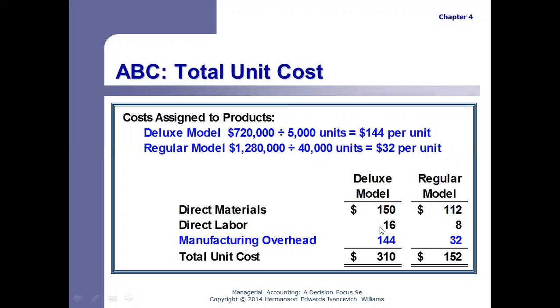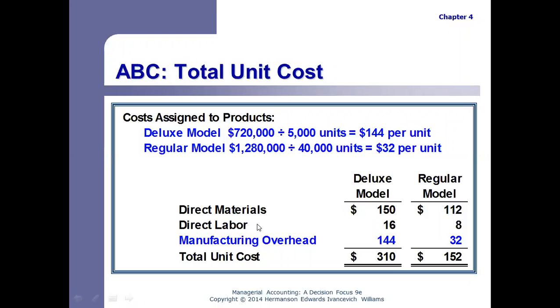Direct labor, these also are assigned directly to each of the models because we know exactly how much of the materials and how much labor goes into each model. And again, the manufacturing overhead, the allocation of those overhead costs per unit we calculated up here, add that to each of the models to get our total unit cost.